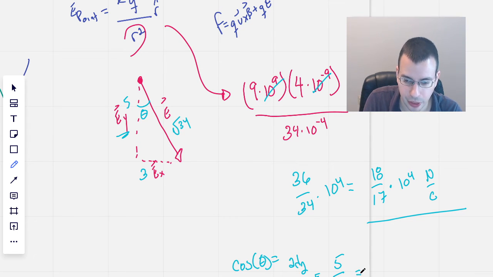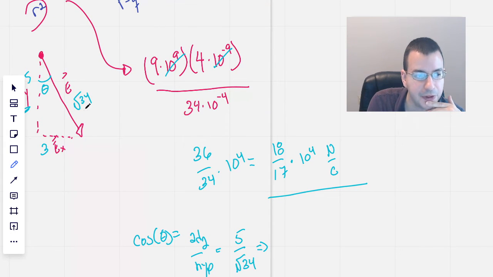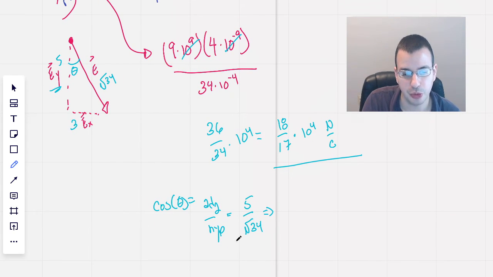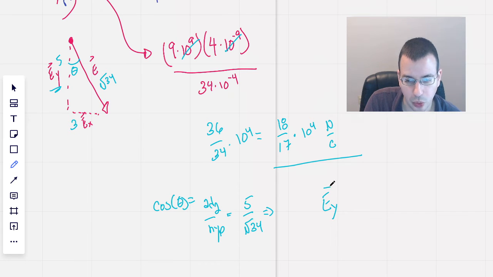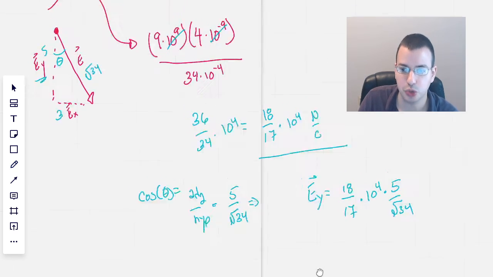And so, if we're doing this electric field times cosine of theta to get this portion right here, then we would have the E in the y direction equals 18 over 17 times 10 to the fourth times 5 over the square root of 34. And that gives us just one of them.